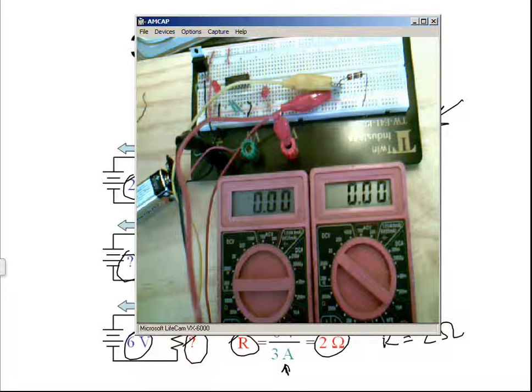And let me throw another new page up here. In this case, I have a 5-volt voltage source. I have a current meter. I have my resistor.